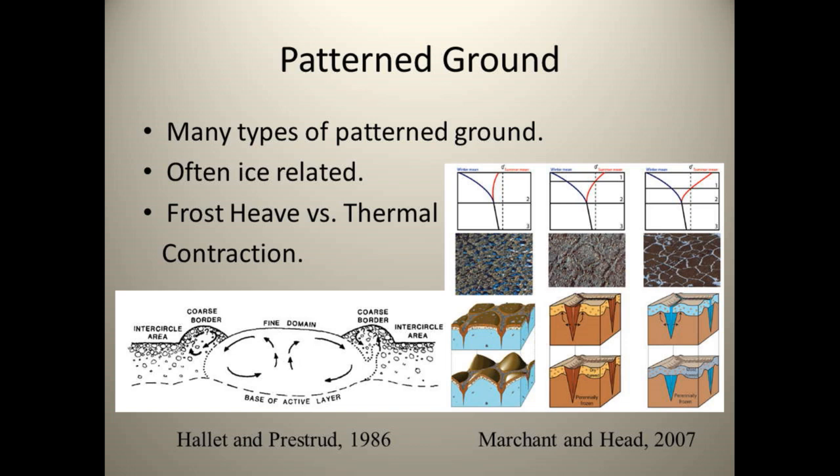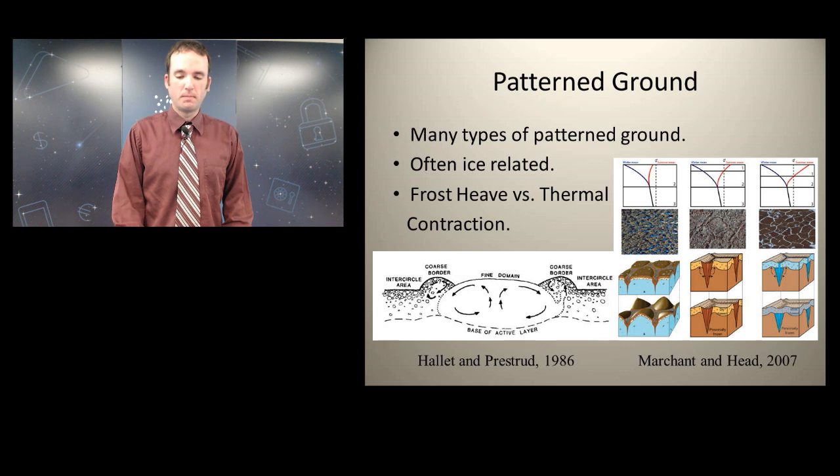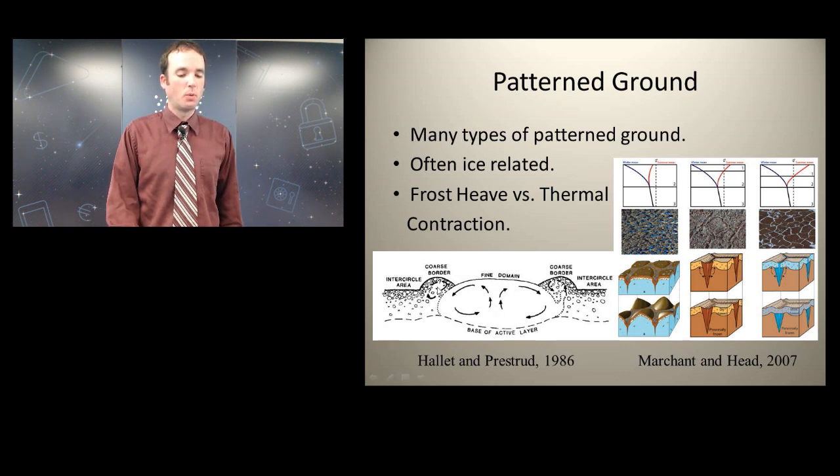either frost heave or thermal contraction. This picture on the left demonstrates an idea of what a frost heave type polygon might form. In it, we develop convective cycles due to repetitive ice lensing and ice lens formation that will separate the fine particles from the more dense, larger particles.